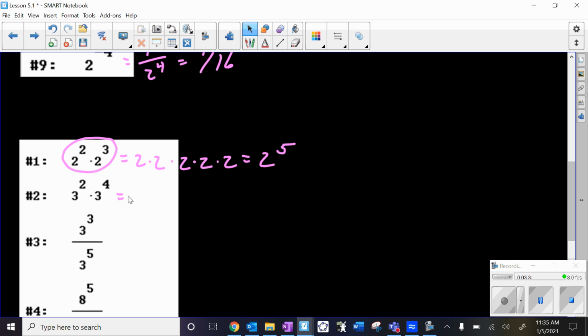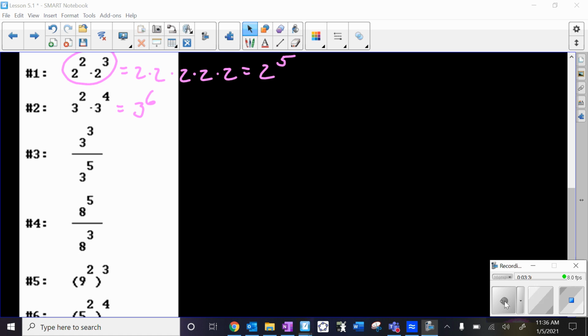Same thing with this one. 3 squared times 3 to the 4th is the same thing as 3 to the 6th power. Number 3 here, this is where we're going to use a little subtraction. You can also think of it as 3 to the 3rd over 3 to the 5th is the same thing as 3 times 3 times 3 over 3 times 3 times 3 times 3 times 3.